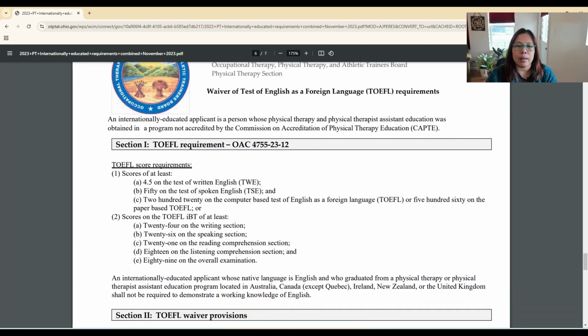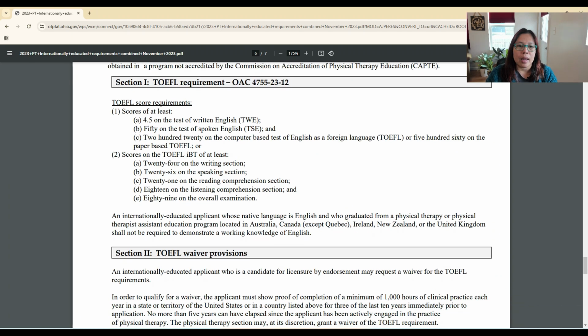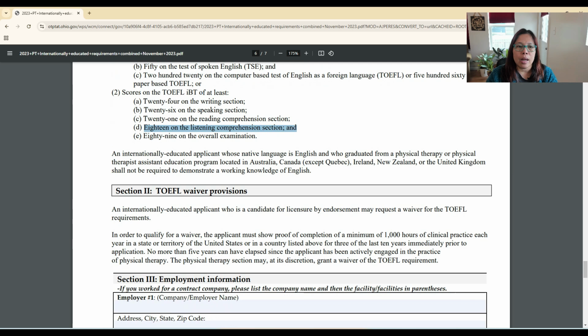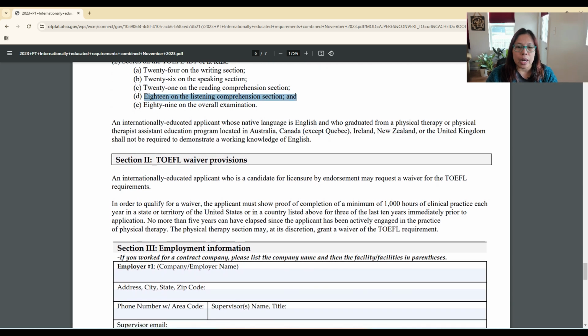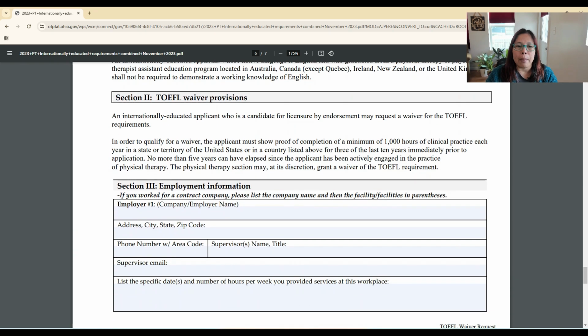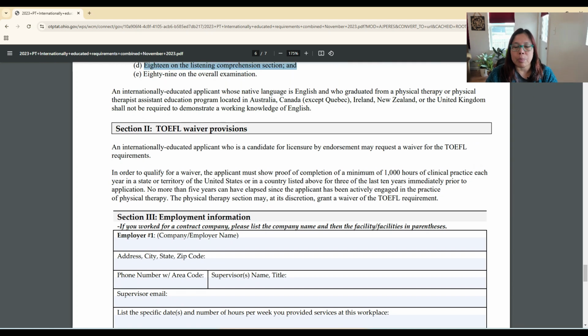TOEFL requirement, we already discussed that, okay? Just to reiterate, 24 for writing, 26 for speaking, 21 for reading, and 18 for listening, 89 overall score. And again, they say here about the waiver. If you have work experience of at least 1,000 hours in the states in the US and the countries listed above, for 3 of the last 10 years immediately prior to application.